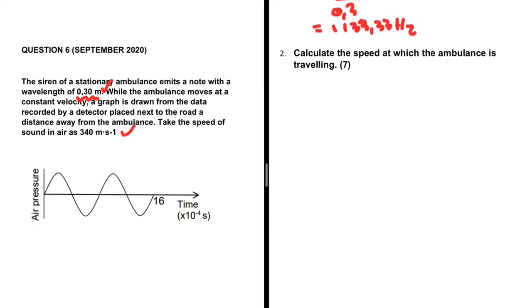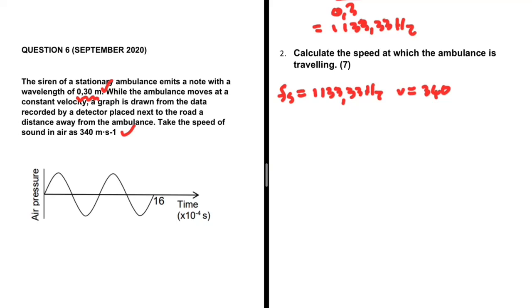Well, we know that the frequency FS, frequency emitted, we know that the frequency emitted by the siren is 1,133.33 hertz. We have speed of sound in air, so V is equals to 340.